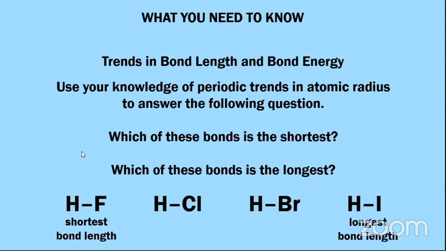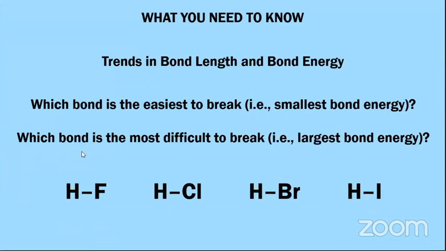Well, how much energy do you think is required to break these bonds? We're talking about bond length right now. Let's talk about bond energy. Which of these bonds do you think would be the easiest to break, therefore the smallest bond energy? And which bond do you think is the most difficult to break, the largest bond energy? Well, hopefully you can reason through this and think that the longer the bond is, the farther the atoms are apart, the easier it is to break.